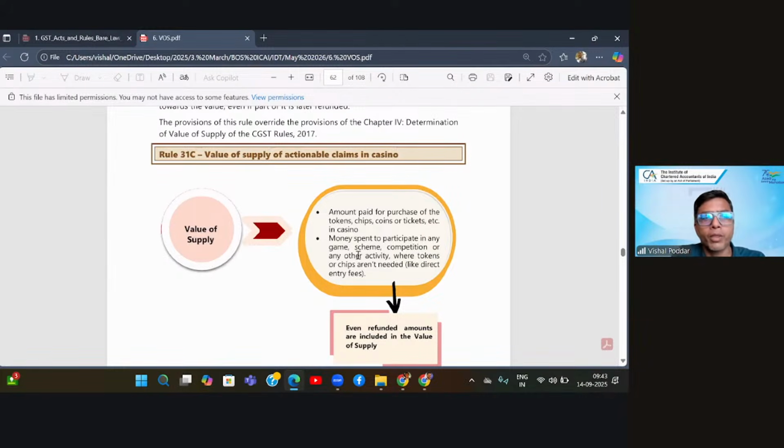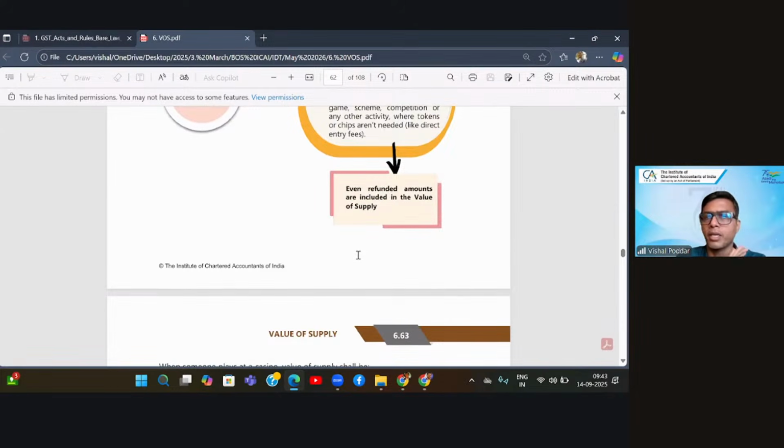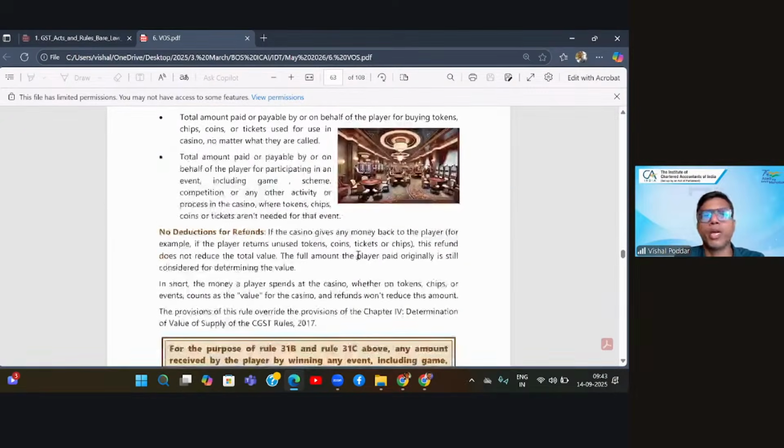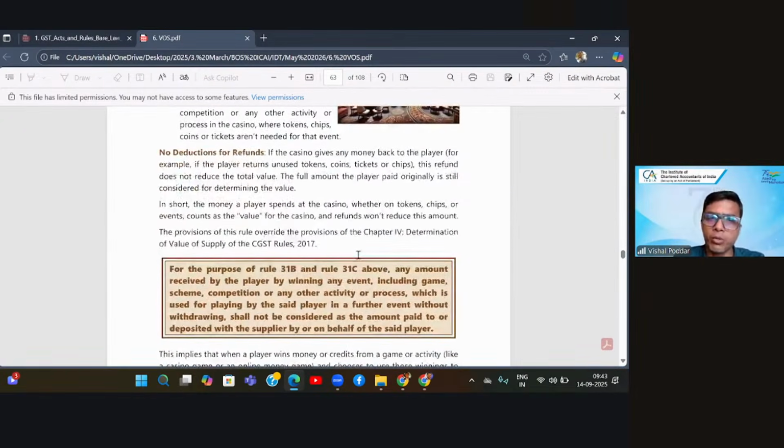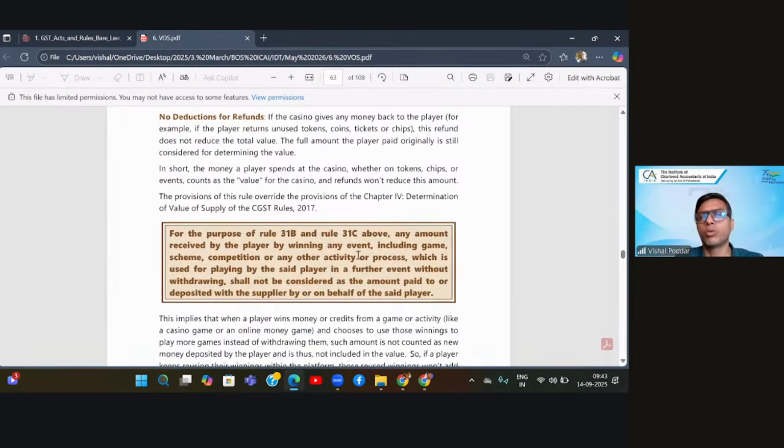So whatever money you are putting as the bet, that is your taxable value. And if you are using the chip or coin route, whatever you have spent on buying the chips and coins in the first place, that is the value. Even if later on you return back some chip and you get back the money, there will be no refund at all. So similar to online gaming, this rule is provided.